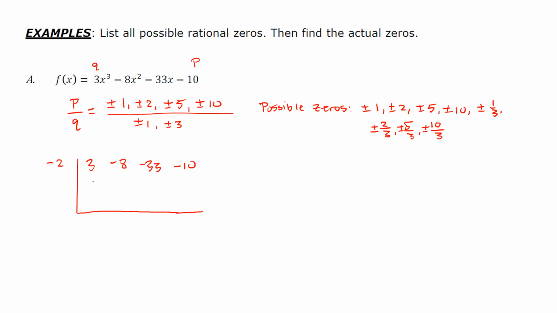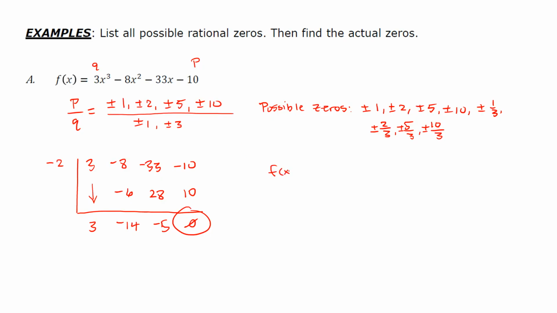And then I'm going to do synthetic division, bring down 3, multiply, then I'll add, multiply by -2, then I'll add, multiply, and then I'll add, and I get a 0 as my remainder. So I know that -2 is an actual 0.